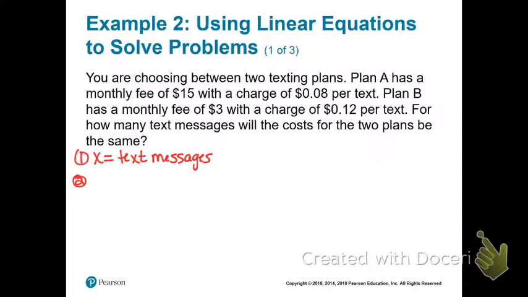Well, I don't know plan A or plan B, but I know that plan A has a monthly fee of $15, plus a charge of 8 cents per text. Well, the text is my x. And plan B has a monthly fee of $3 with a charge of 12 cents per text.